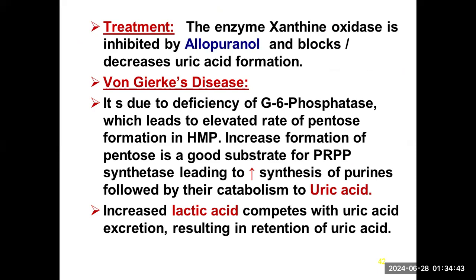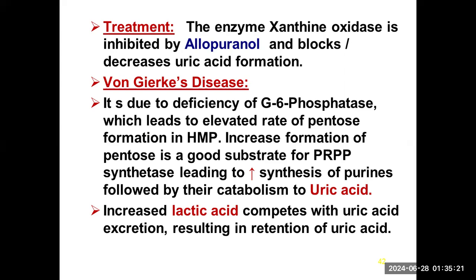Von Gierke's disease is another one. If you recall your glycogen storage diseases, Von Gierke disease is also there. It is due to deficiency of glucose 6-phosphatase, which leads to elevated rate of pentose formation in the HMP shunt. If excess glucose 6-phosphate enters the HMP shunt, it leads to increased formation of phosphoribosyl pyrophosphate.